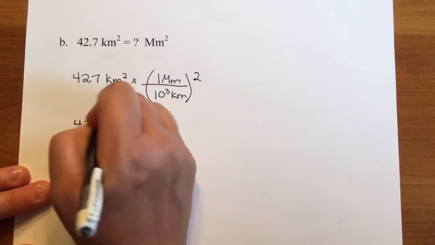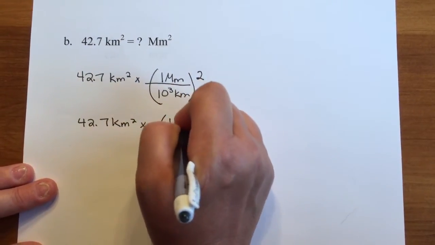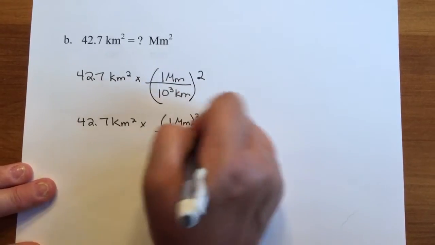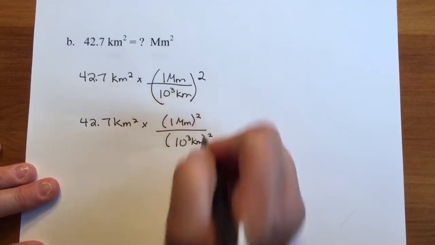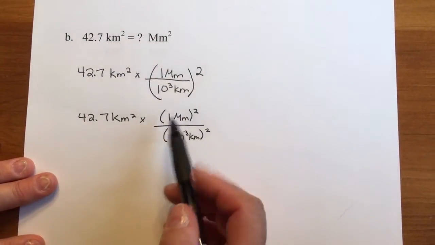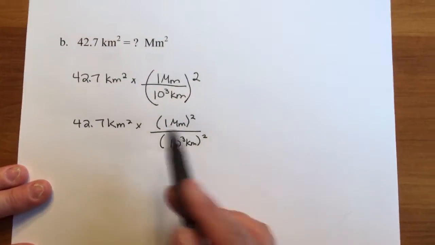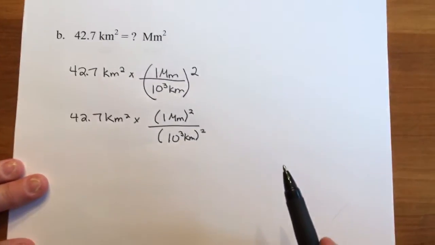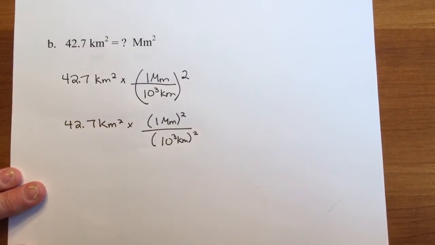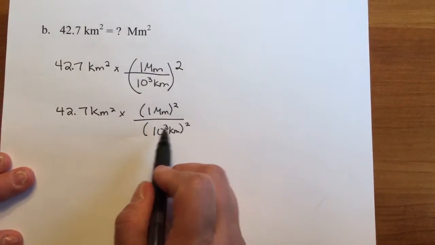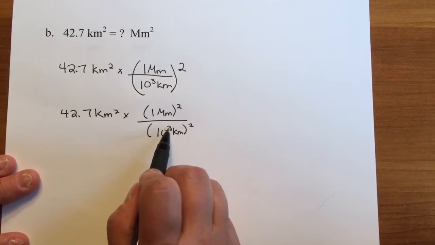So in actuality, we get 1 megameter, that whole term squared, and 10 to the 3rd kilometers squared. Remember, 1 times 1 is 1, so this just remains 1 megameter squared. But now you notice we're squaring a term with an exponent. Remember, you do not add exponents when you're squaring something, you multiply them.